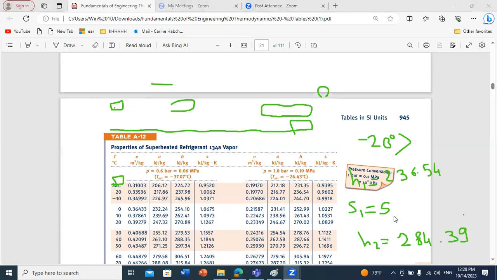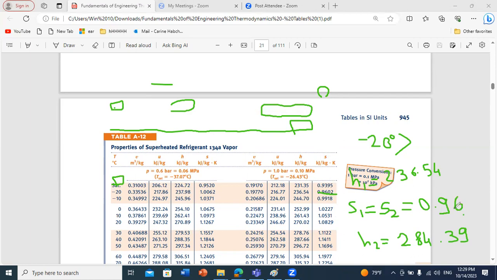S1 equals S2 in order to be able to consider state 2. So S1 equals S2 equals 0.9602. And if we check now together, this will correspond to another temperature different than 50.